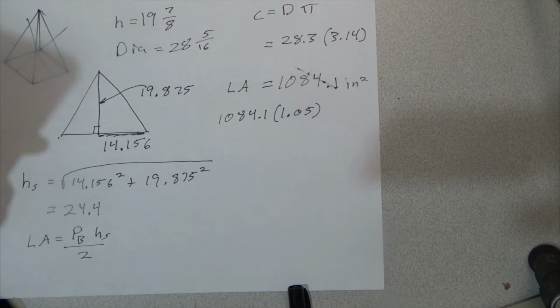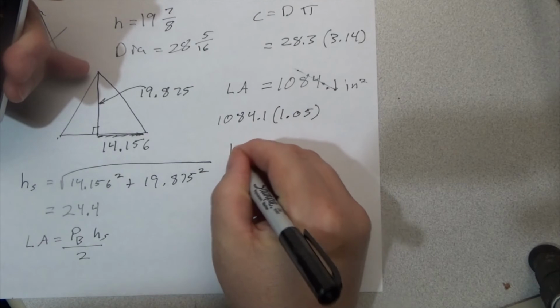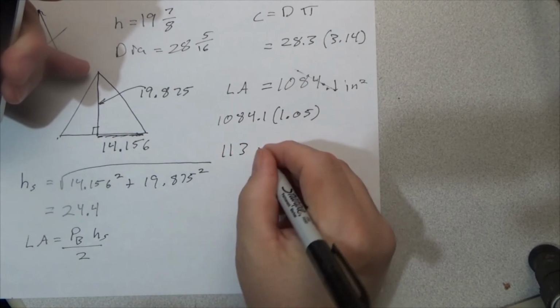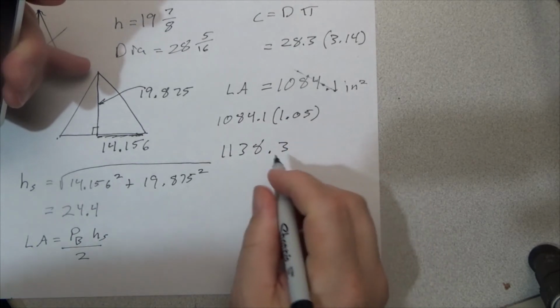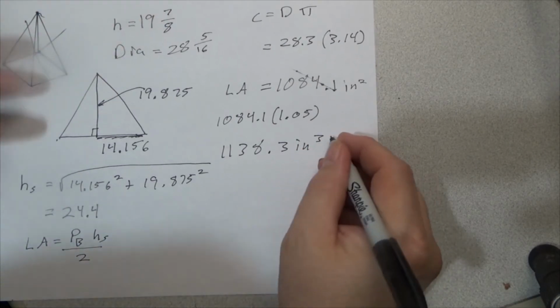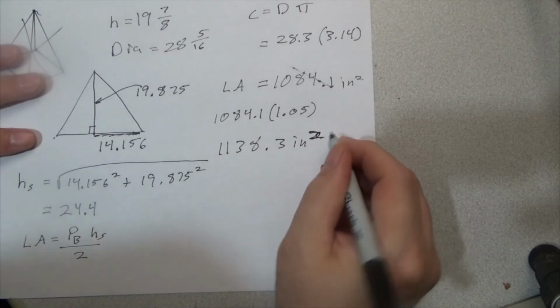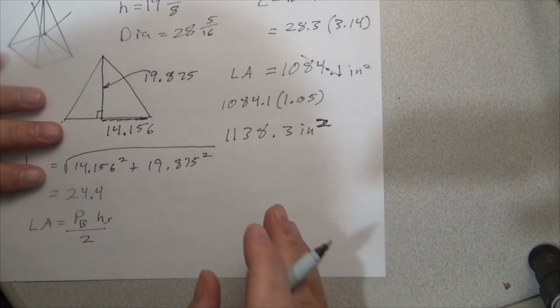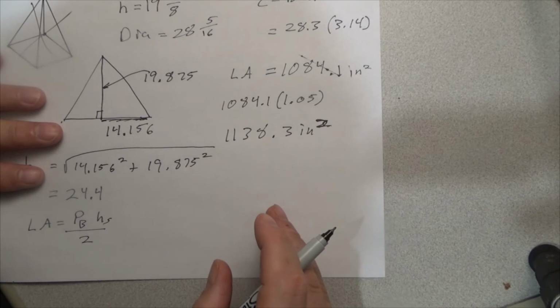So 1084.1 times 1.05 gives me 1138.3 inches cubed. Or, oh, nope, not cubed, squared. I'm not going to edit that out. That's squared.